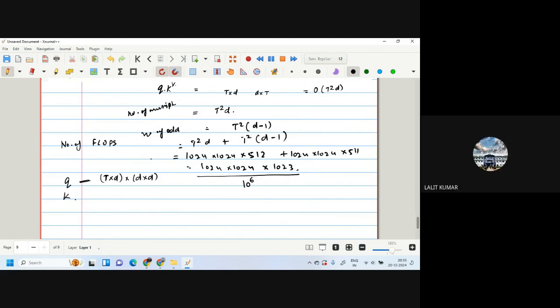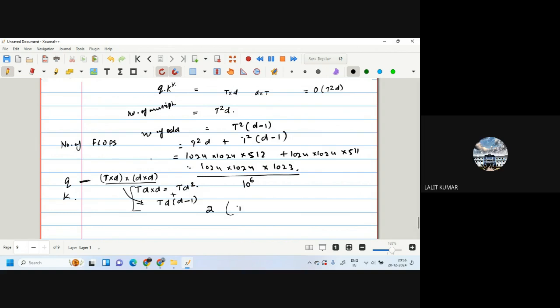So here the number of multiplications will be T into D, which is TD square. The number of additions will be T into D minus 1. Then you add, okay, this is for Q, and for K also it will be the same.